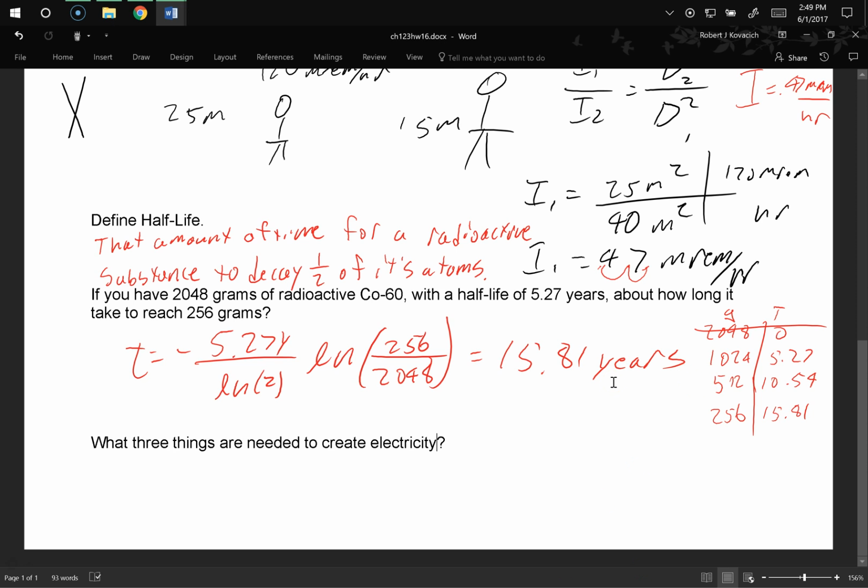Okay, so what do you need here? 3 things. I need a magnetic field. What else do I need?